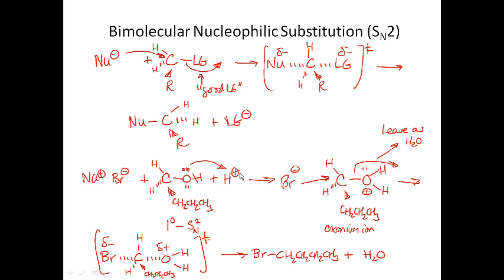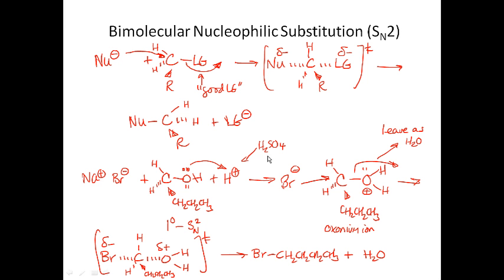So the reason we're using H2SO4 is that H2SO4 will give up a proton when it protonates the OH group. And the OH group then becomes a good leaving group, and the bromine then will be able to kick off the oxonium ion, or the water, and then we'll be able to make our final product.